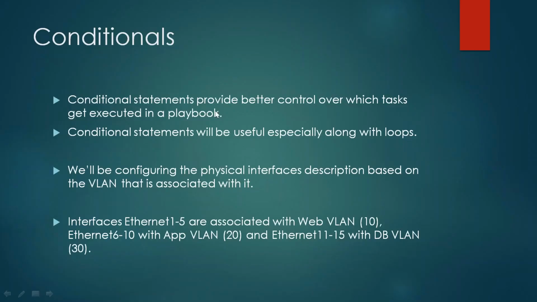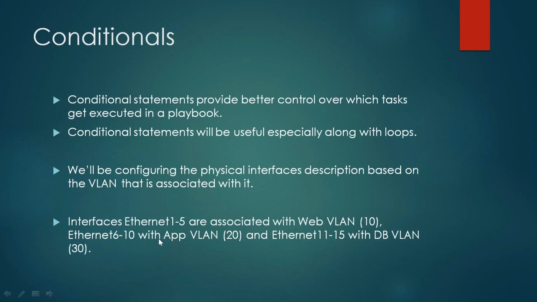Now I am going to show you how, with the help of conditions, you can better utilize conditions with certain loops as well. So for example, say you want to give some comments for Ethernet 1 to 5 associated with web, the VLAN 10 associated with Ethernet 1 to 10.